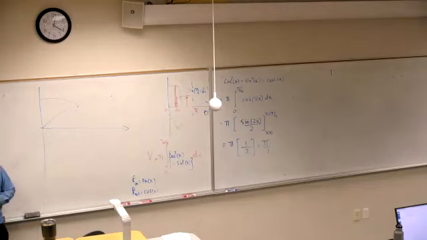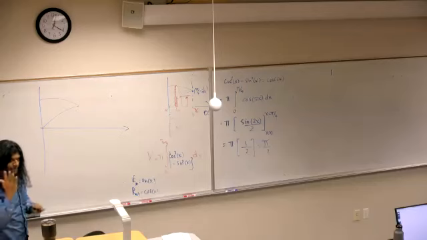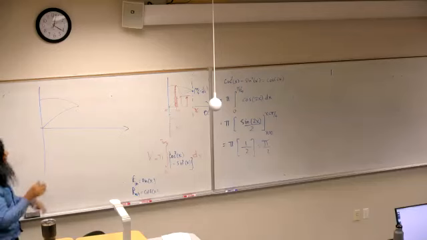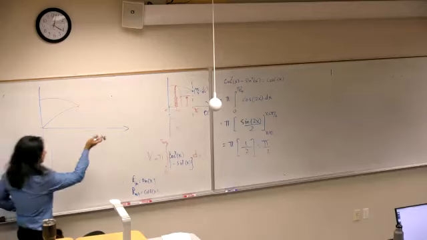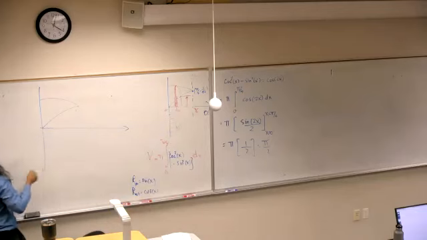Before, x is equal to 2. Last time, x is equal to 2 was a vertical line parallel to the y-axis. This time, it is y equals -2. Horizontal line parallel to the x-axis. Good. So about the x-axis, parallel to the x-axis.